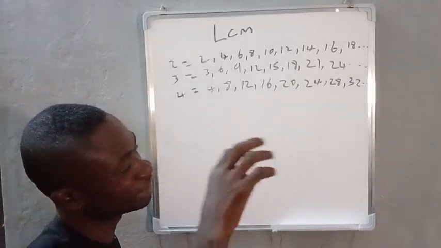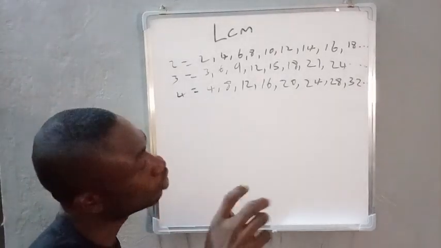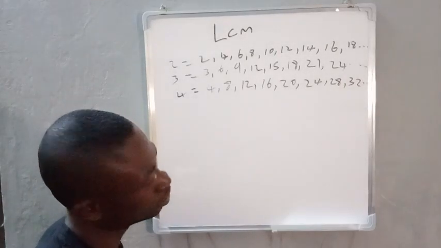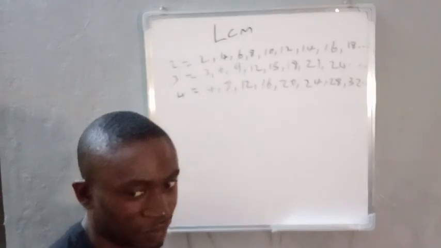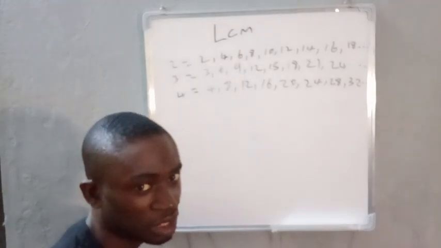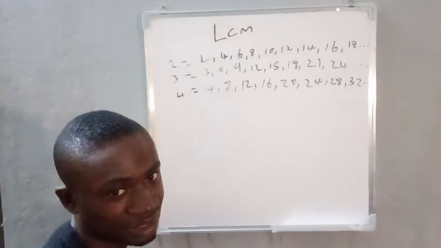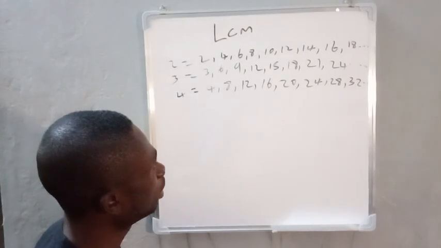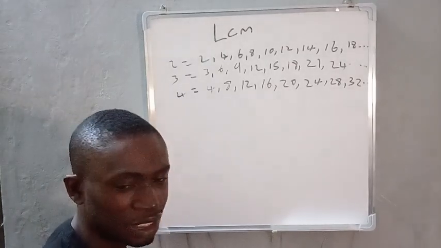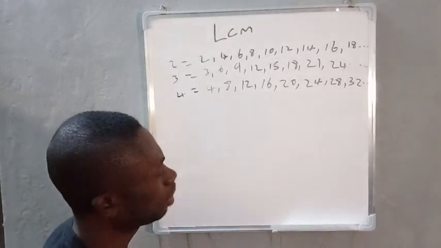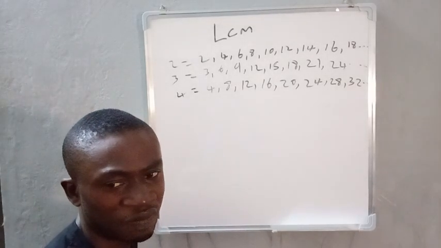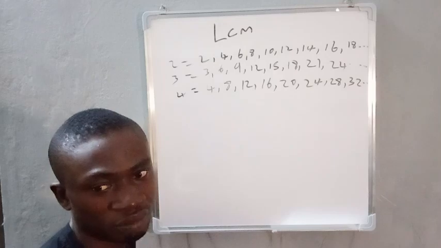The numbers are infinite. They can go on and on to millions, to billions, to trillions. Multiples don't have an end, but factors have an end. They are finite, but these ones are infinite. When you talk about lowest common multiple, it's very important to know that you cannot have an LCM of just one number.